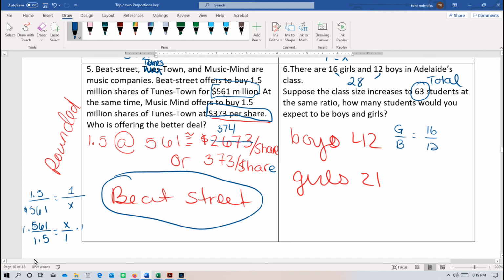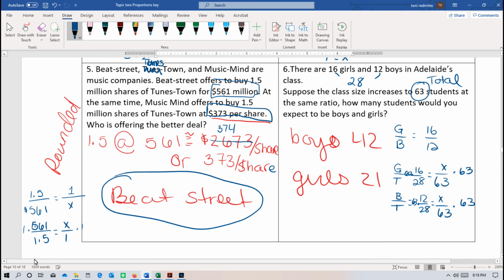So now, if I want to compare girls to total, that would be 16 over 28 equals X over 63, the new total is 63, and I don't know how many girls are in that class. And if I do the boys, it's going to be boys to total, which is 12 over 28 equals X over 63. In both situations, the way to do this is to multiply the other side by 63.